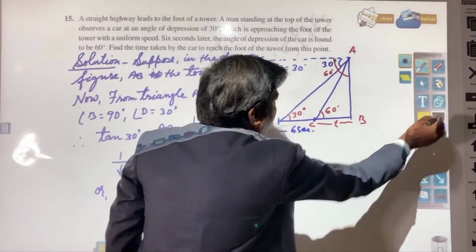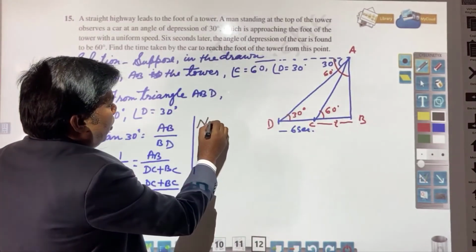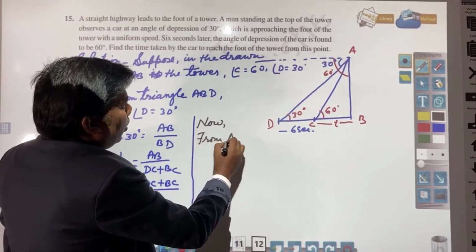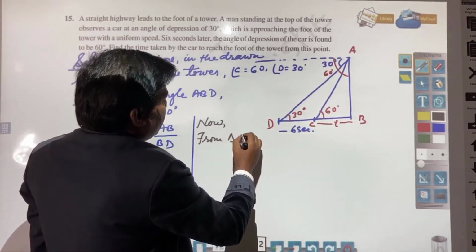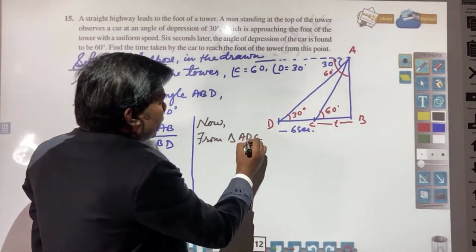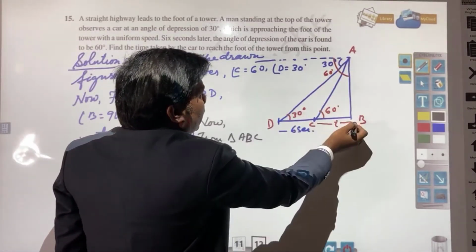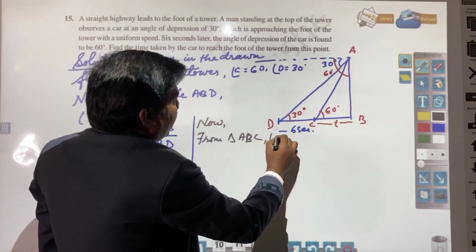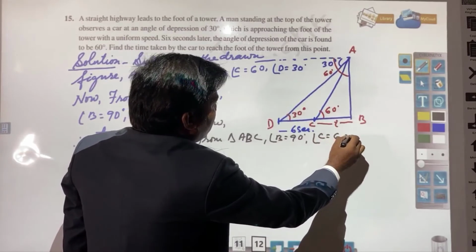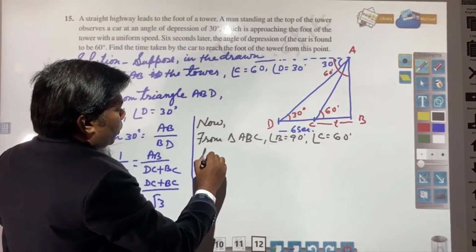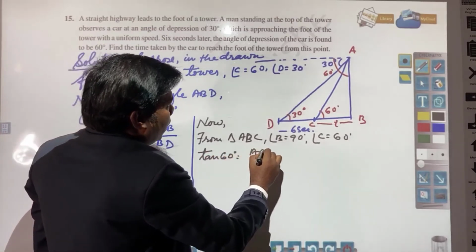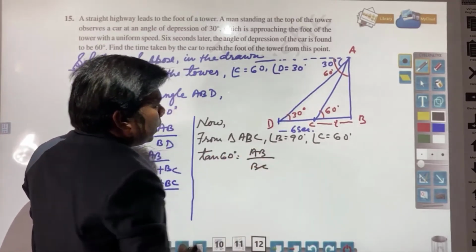Now from triangle ABC, this triangle, angle B is equal to 90 degree and angle C is equal to 60 degree. So tan 60 degree will be equal to AB by BC.